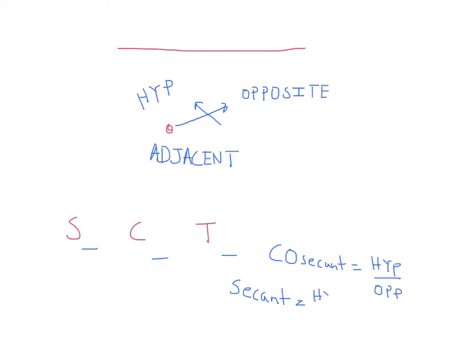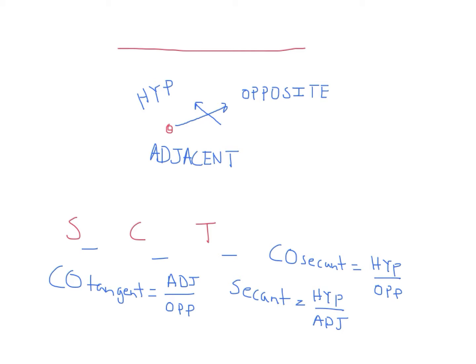So hypotenuse, all this is going to make a lot more sense in a little bit, over the adjacent. And this one's pretty easy to remember, the cotangent. And that is going to be the adjacent side over the opposite side.